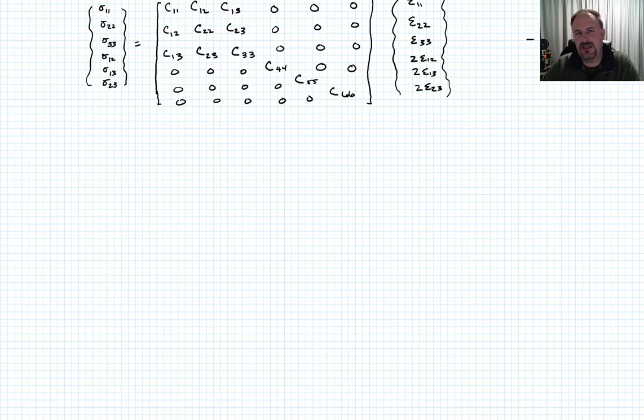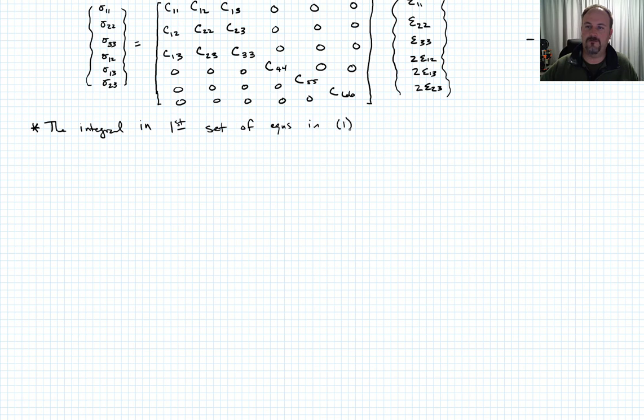So now proceeding down, I'm not going to continue to write all 3 sets of equations. I'm just going to look at that first set of equations and work through that, and then I'll write the others down by analogy, okay? So I'll just say the integral in the first set of equations in equations 1 can be written using equation 2 as follows.